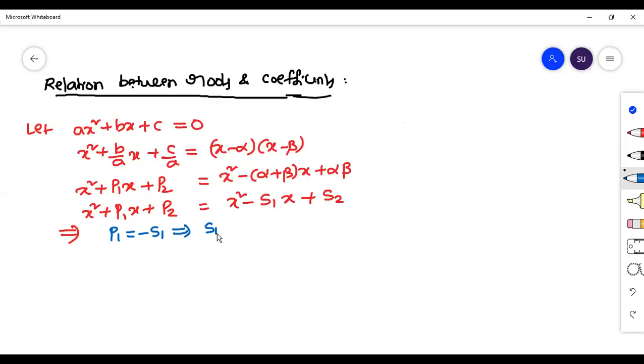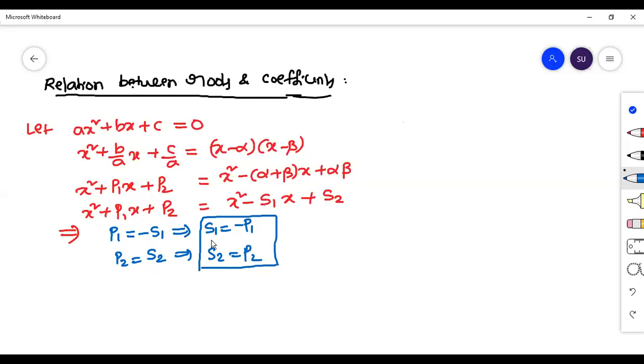That implies S1 is equal to minus P1, correct? And S1 is nothing but alpha plus beta. And P2 is equal to S2, correct? That means S2 is equal to P2. So S1 is equal to minus P1 and S2 is equal to P2.